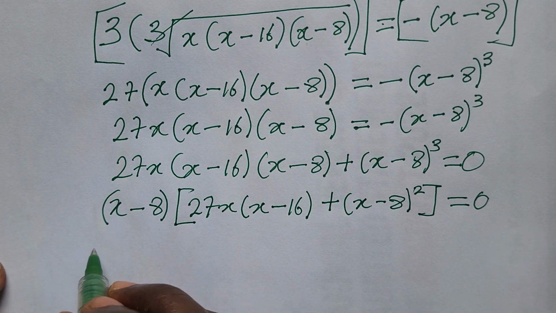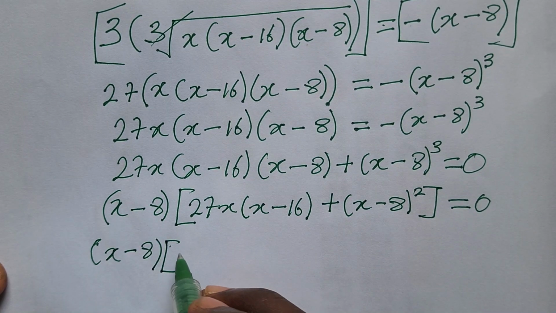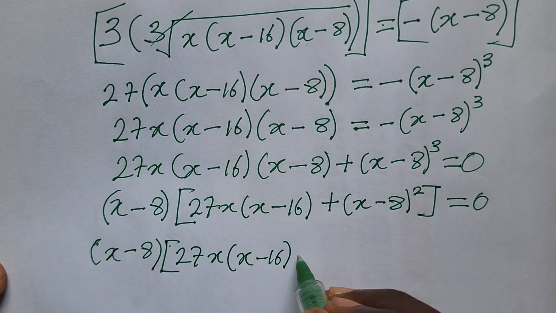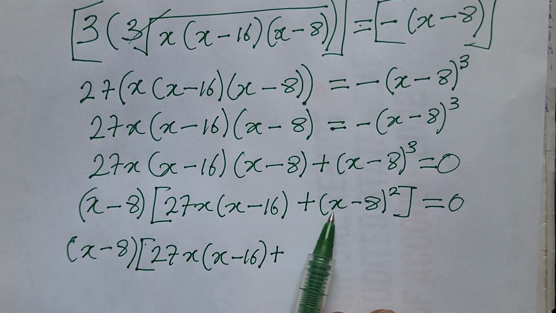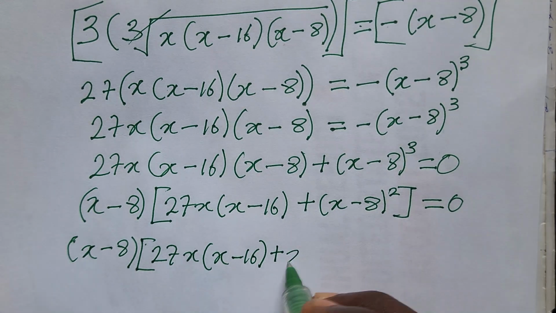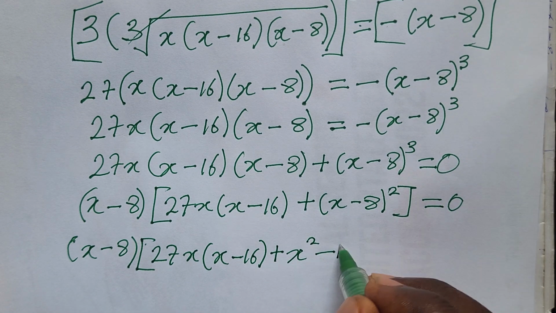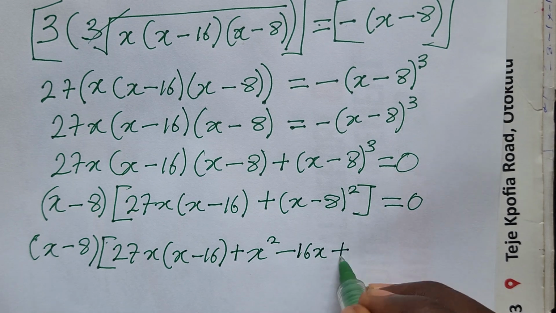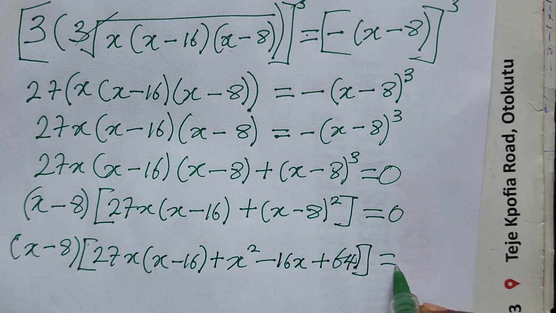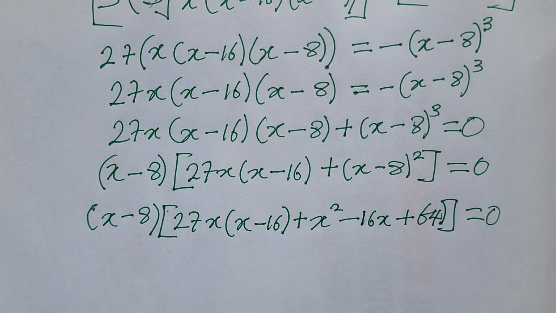If we open that, that will give us (x minus 8) times a square bracket of 27x(x minus 16) plus, if we open up this, x to the power of 2 minus 16x, since 8 plus 8 is 16, plus 8 squared, which gives us 64, close bracket, and our square bracket is equal to 0.